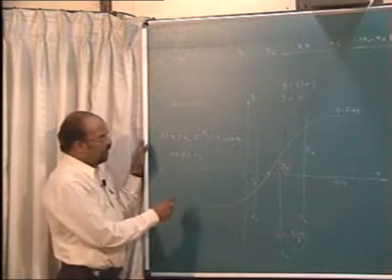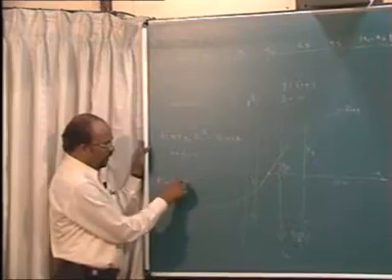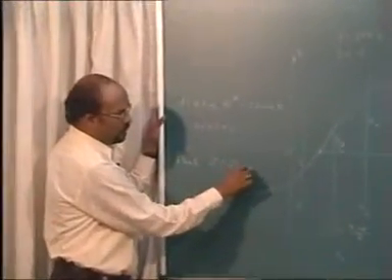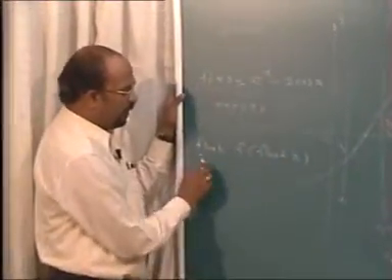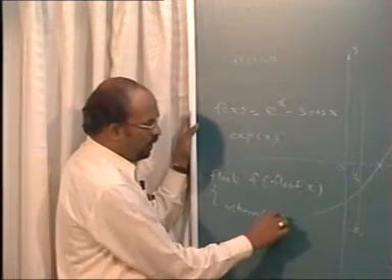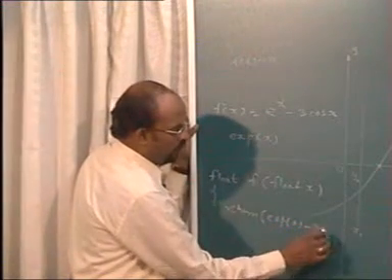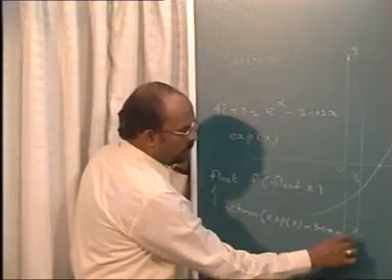So you will have to declare a function as float type f of float x and you will simply return exp x minus 3.0 into cos of x.